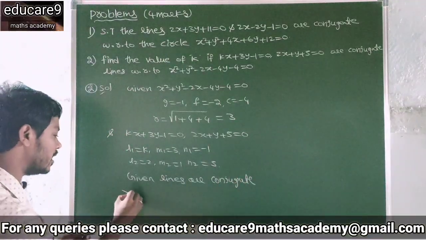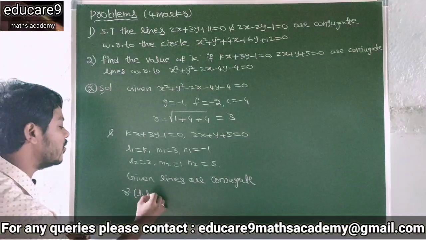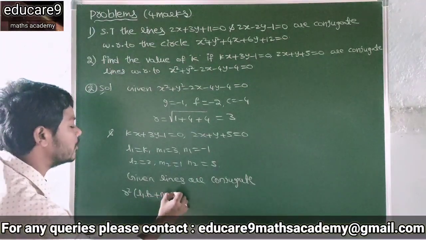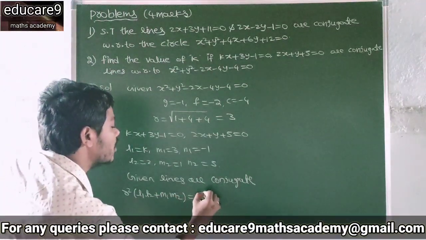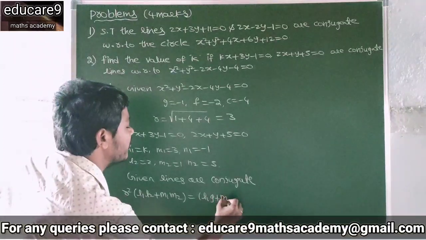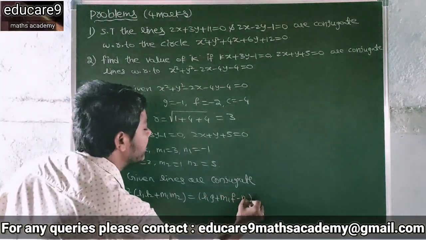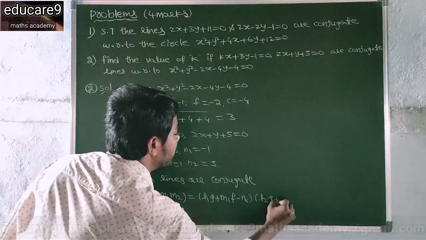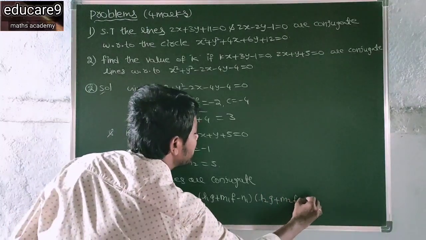See here, given lines are conjugate means R square into L1 L2 plus M1 M2 is equal to L1G plus M1F minus N1 into L2G plus M2F minus N2.